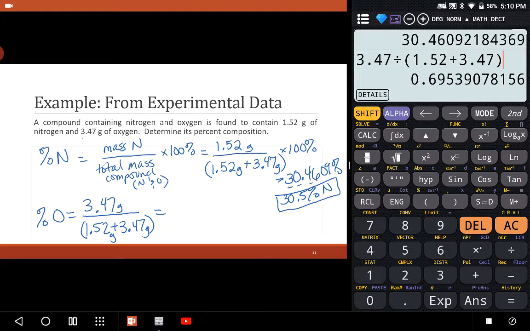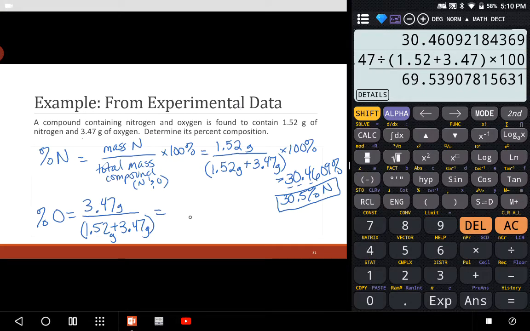You can see here that looks like 0.69 because I haven't typed in times 100. And so when I do the times 100 to turn that into a percentage, then that 0.69 is 69.53907%. And my sig figs will be similar.